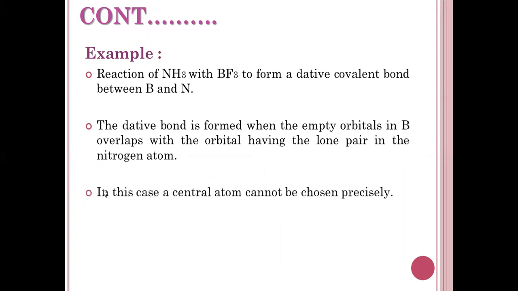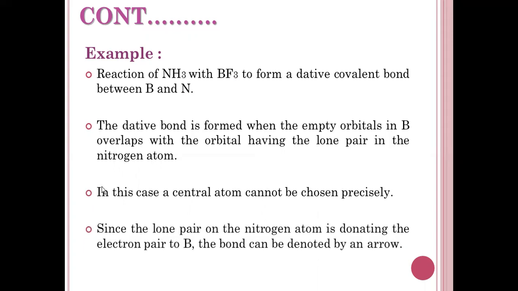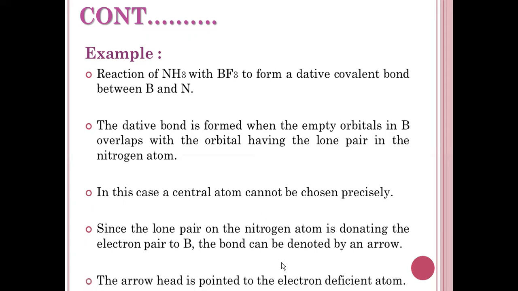Since the lone pair on the nitrogen atom is donating the electron pair to boron, the bond can be denoted by an arrow. If nitrogen is donating, the bond is shown by the arrow, and this is very important. The arrowhead is pointed towards what?